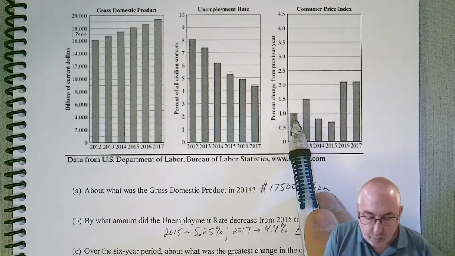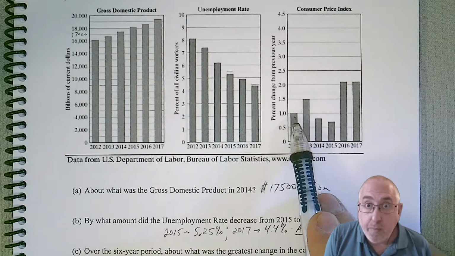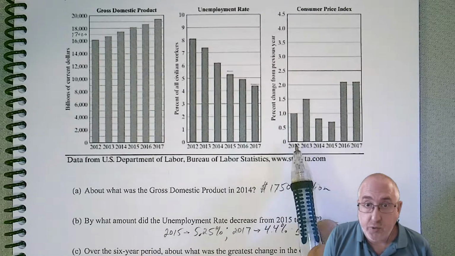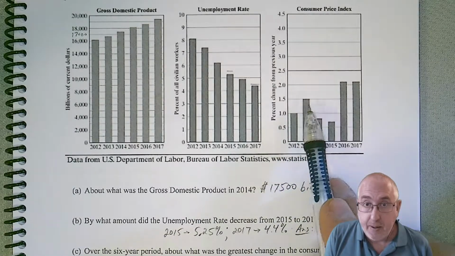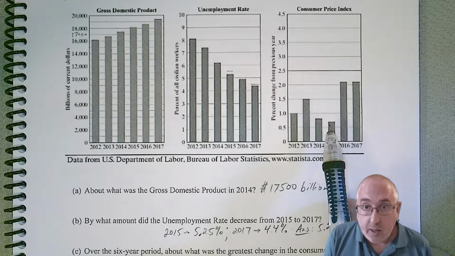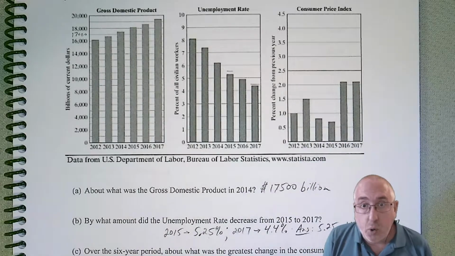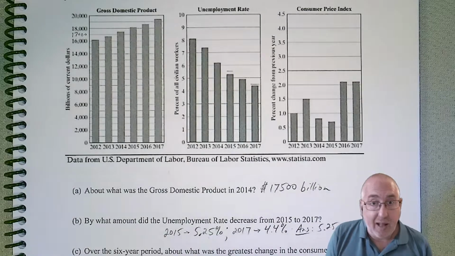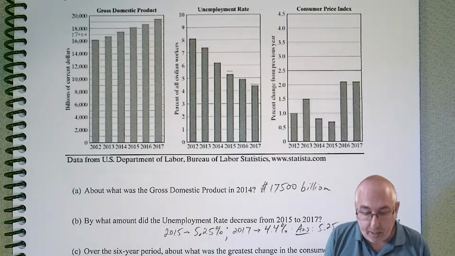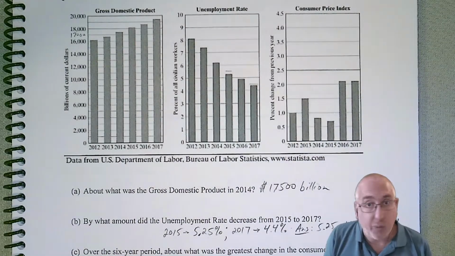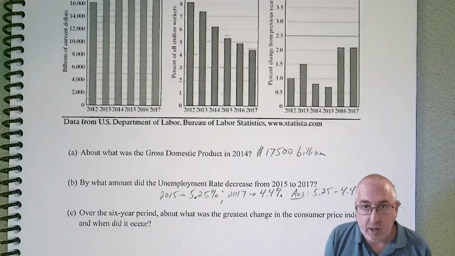It went up, looks like 0.5% from 2012 to 2013. It dropped over 0.5% here. It dropped a little bit here, but then, whoom, it jumped quite a bit from 2015 to 2016. That looks like the greatest change in my book. So we have to figure out what that change is. So we need to know what those numbers are.